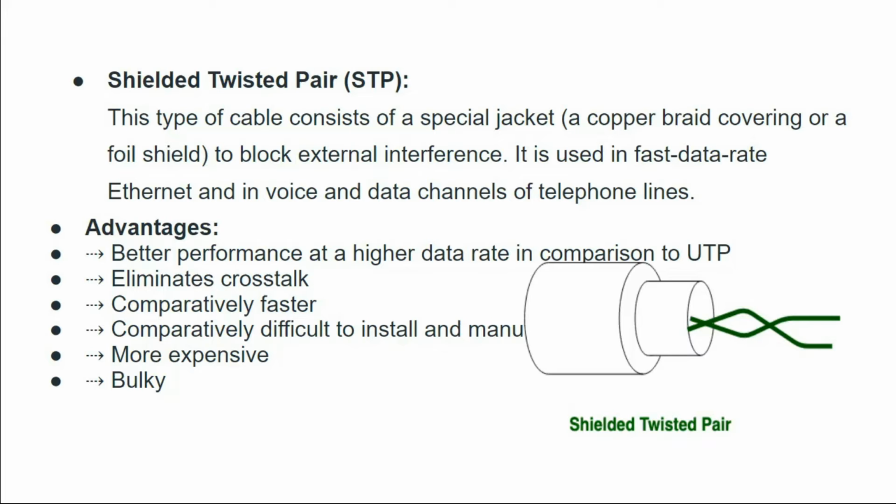Even for voice channels, we use shielded twisted pair when a faster network is needed. It provides better performance at higher data rates than unshielded twisted pair and eliminates crosstalk. But it is difficult to install and manufacture, more expensive than unshielded, and somewhat bulky.